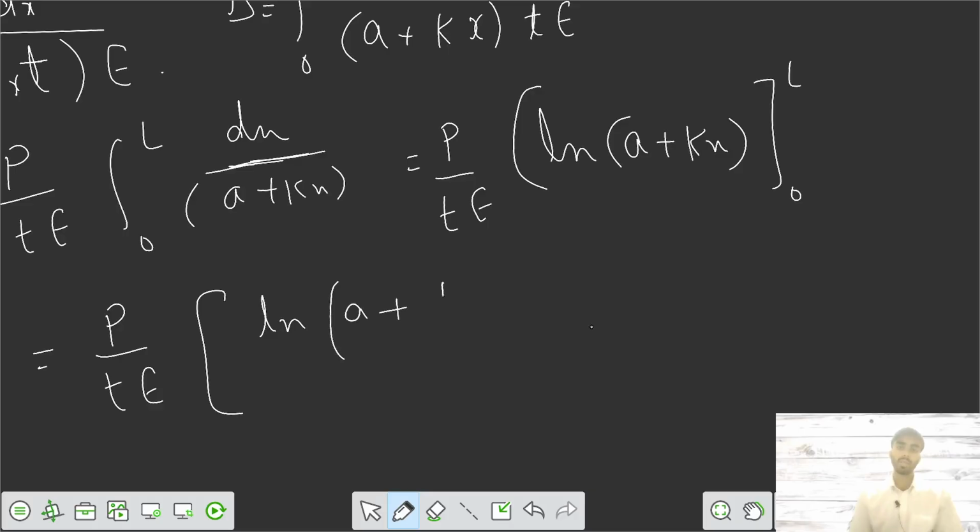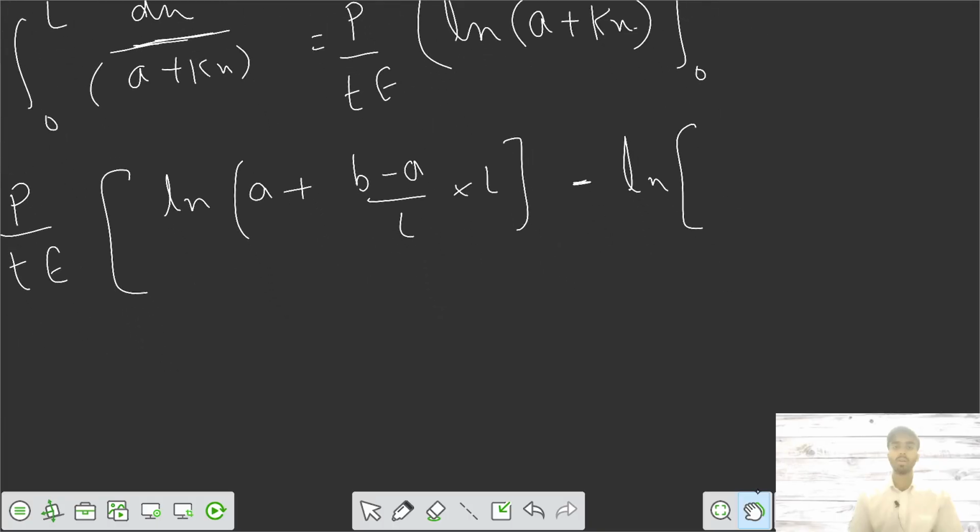Your k value is B minus A by L, into x. Value of x here you had to use as L. Now your lower limit is 0, so we would write ln of A plus k into 0. That becomes 0, so it becomes ln A.